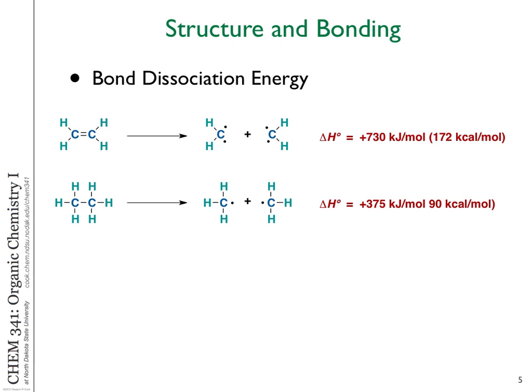But if you compare that bond dissociation energy, the enthalpy of the double bond versus the enthalpy of a carbon-carbon single bond, you observe that the double bond isn't double the energy of a single bond. It's something less than double. If you were to double the energy of a single bond, you'd be at about 750 kilojoules per mole for the double bond if it were just doubled.